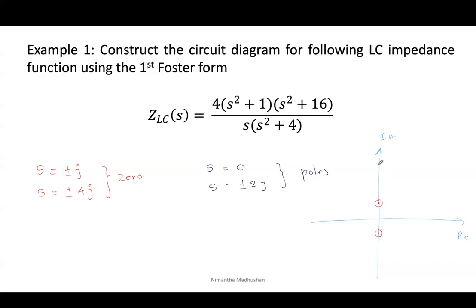Next, plus 4j and minus 4j. Poles at the origin, and plus 2j and minus 2j. These are the poles. There are 3 poles and 4 zeros.